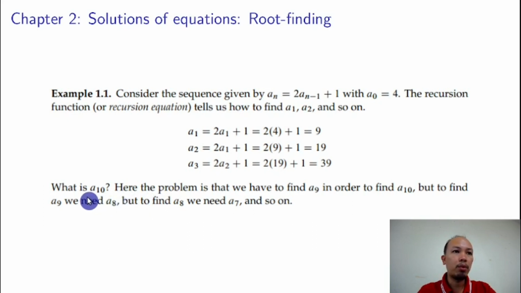For example, if you want to know the 10th term, a sub 10, then you will need to find a sub 9, a sub 8, a sub 7, and so on and so forth, just to know the 10th term. So that's the problem with recursion equation or recursive sequence. So what we will do here is to find the closed form, and we will discuss that one later.